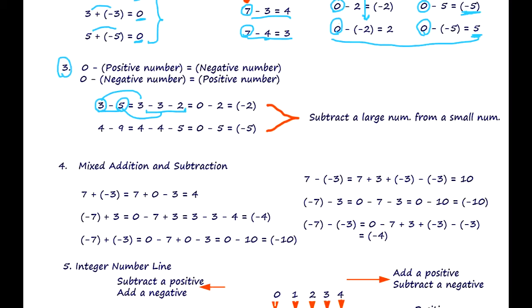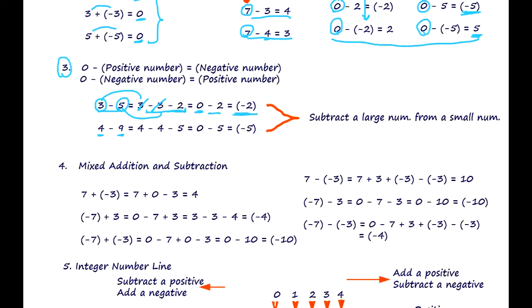If you subtract 3 minus 3, it becomes 0. Then we still need to subtract 2. Remember, 0 minus 2 is negative 2. So that's negative 2.